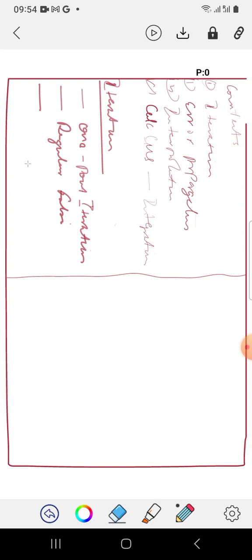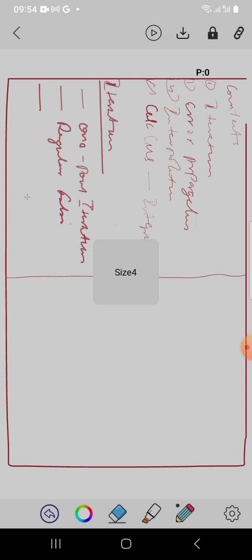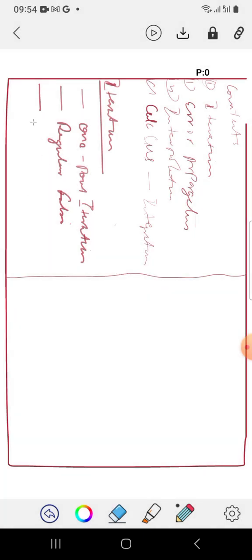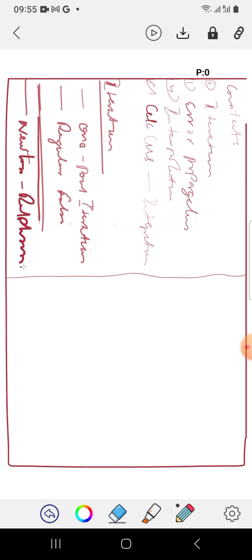Oh shoot, I actually thought that was writing. Okay, sorry. We have the Newton Raphson. All right, so those are the techniques that we will be looking at.